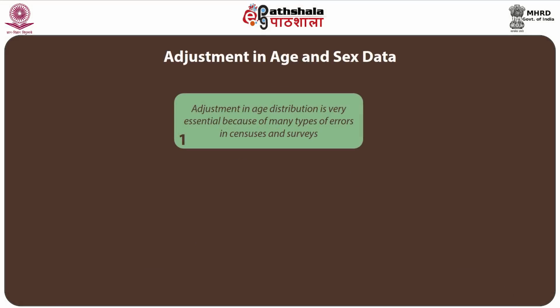And adjustment in age distribution is very essential because of many types of errors in census and surveys of almost all developing countries in general and India in particular. We have already seen how age heaping takes place in India and how digit preference affects the age distribution.